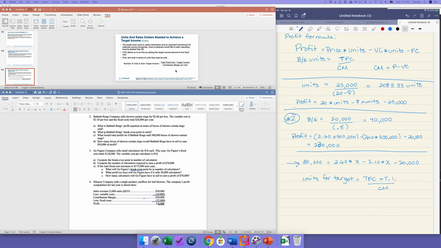And so in this case then, our fixed costs were 20,000. Our target income was 50,000. And our contribution margin was 50 cents. So this is 70,000 basically multiplied by 2, so that's 140,000 units required to sell to earn $50,000 in profit.